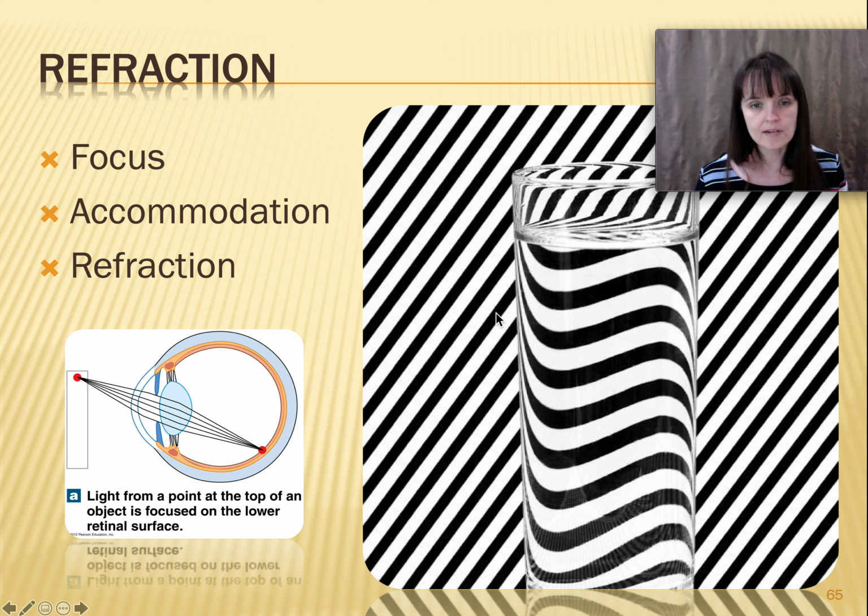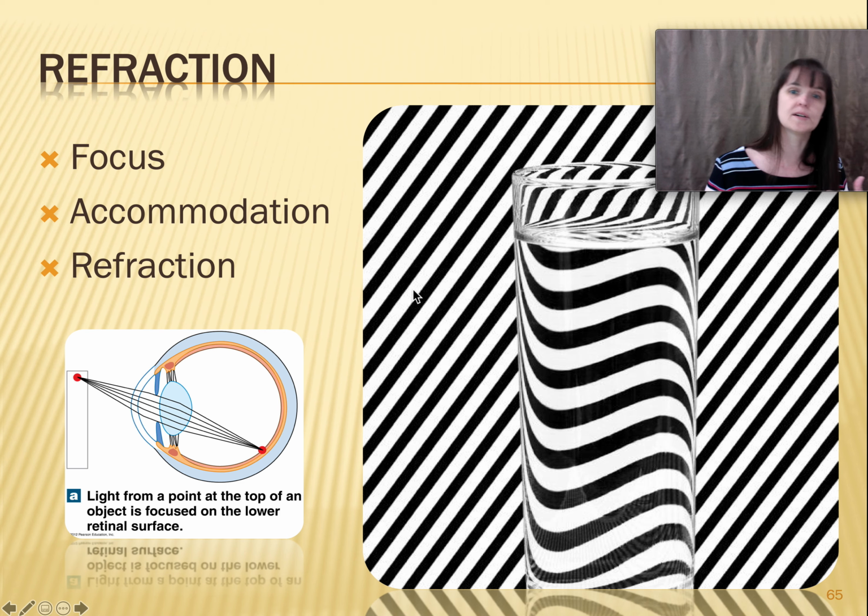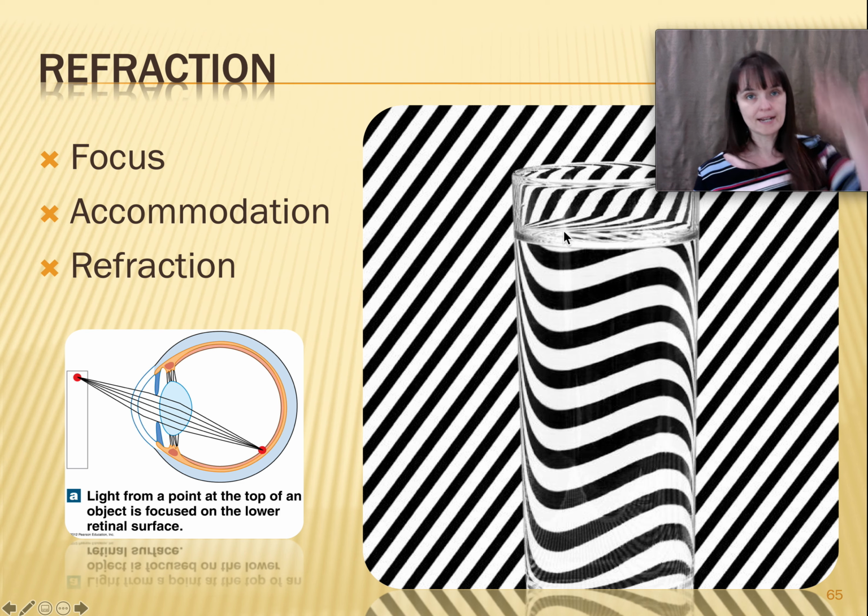So here, the light rays reflecting from behind this glass of water, when they go through the glass, they go from the lighter density of air to the thicker density of the glass, and then the water bends the rays in such a way that it makes this cool design. It's just like if you stick a straw in the water, but it looks broken. That's refraction. There's reflection like off a mirror, and then refraction where the light doesn't go back the way it came, but it is bent.